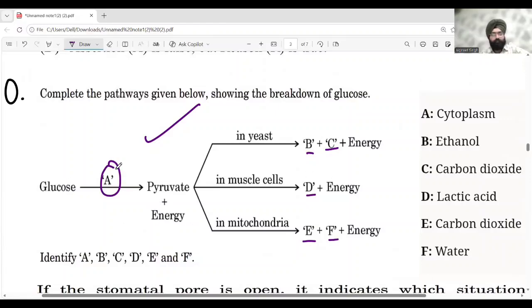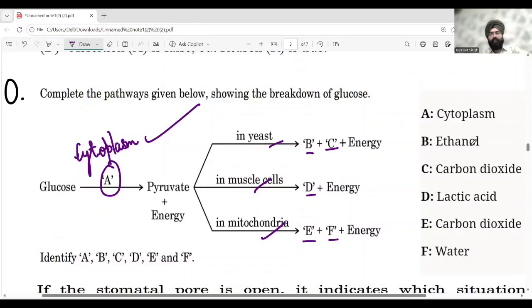Glucose, in the presence of cytoplasm, gives pyruvate plus energy, then there are three conditions: yeast, muscle cells, mitochondria. In case of yeast, which products are formed?